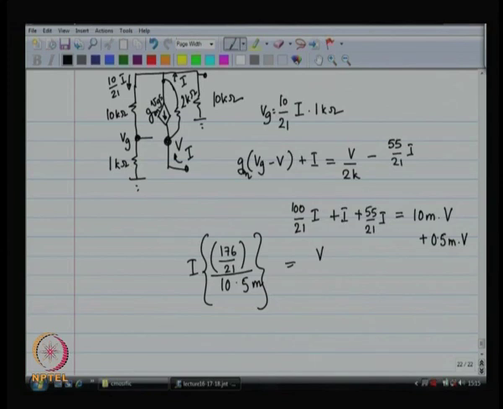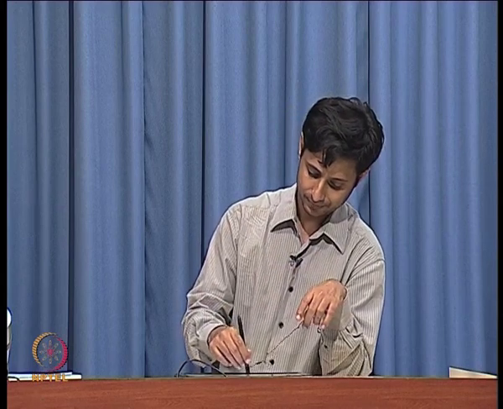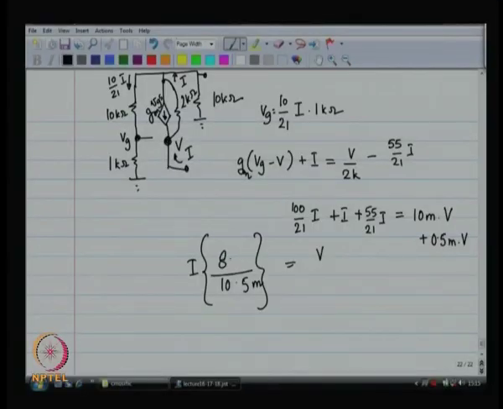Okay, 176 by 21 is a little less than 8.5, let's say 8.3 or so, and milli in the denominator means K in the numerator. So 8.3 kilo ohms divided by 10 and a half, it's about 800 ohms.